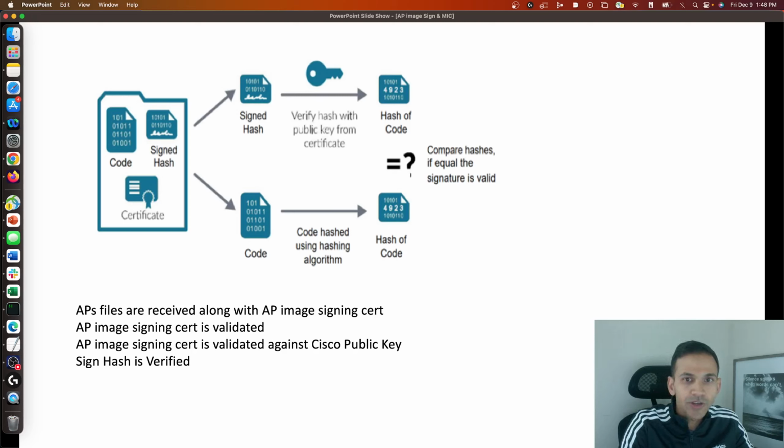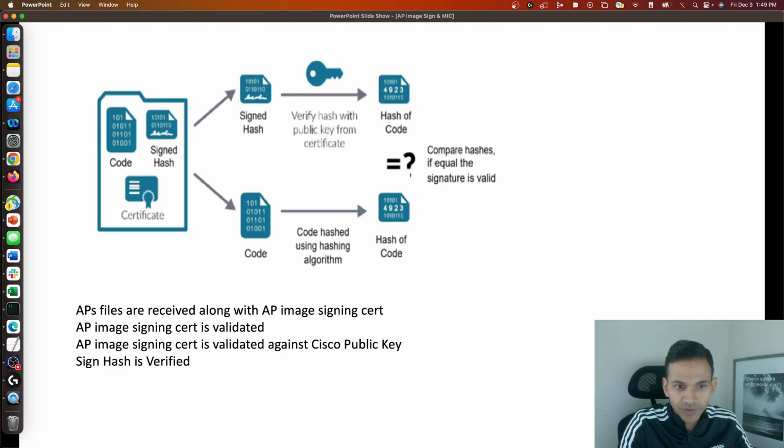The image and files that it carries include, but are not limited to, the code, a signed hash, and information about the certificate, which is an image signing certificate. So what does it do?